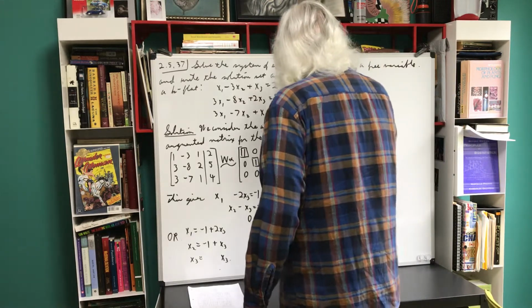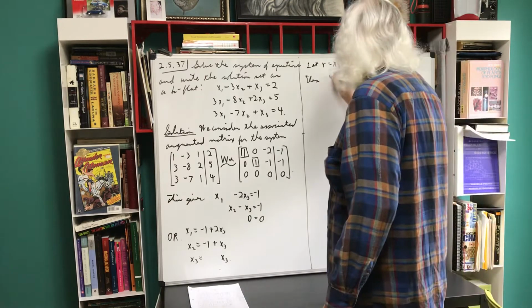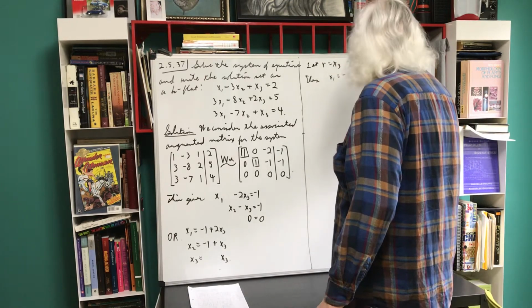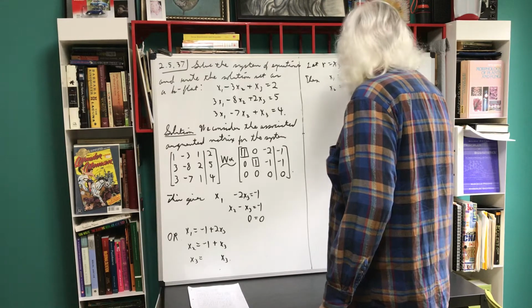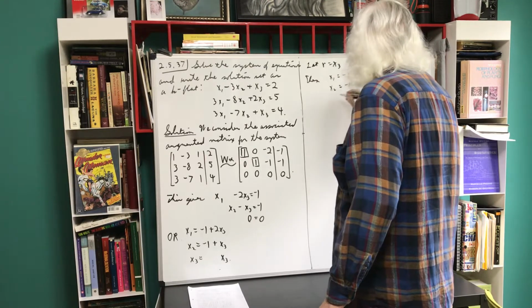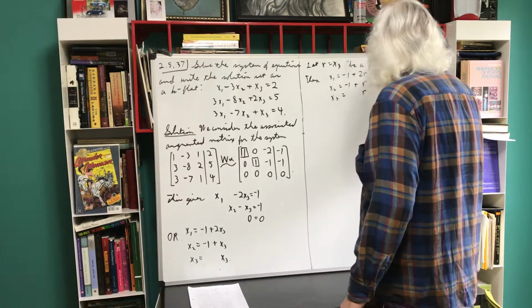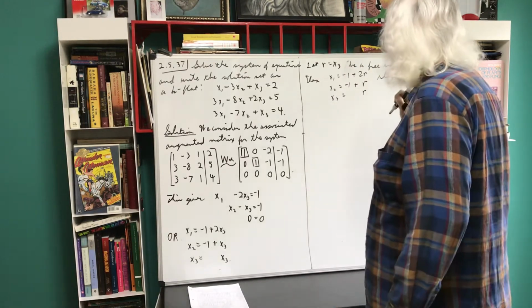Then the solution becomes, in terms of the free variable, x1 is negative 1 plus 2r, x2 is negative 1 plus r, and x3 is r, where r can be any real number.